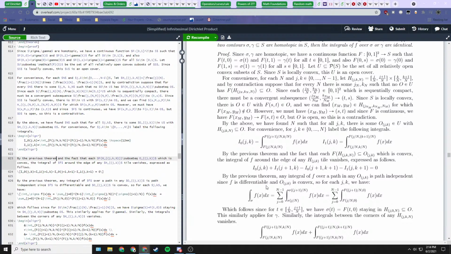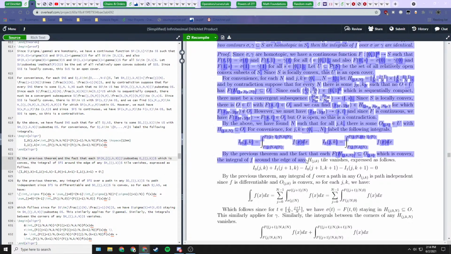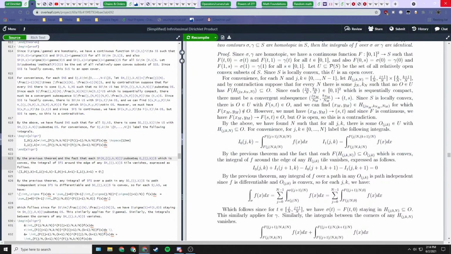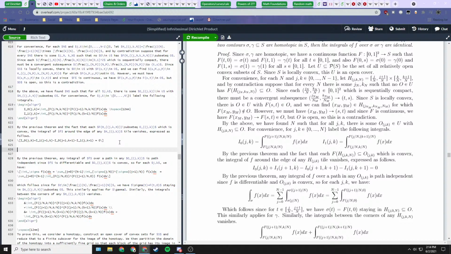Okay, so this is just taking the integral around the edge of these h jk tiles. This will be 0.